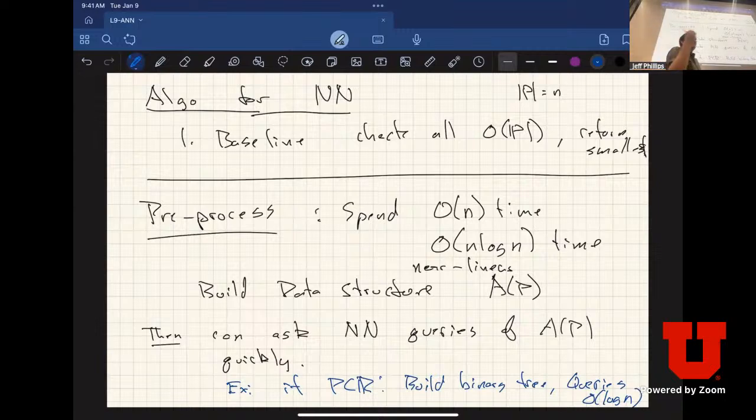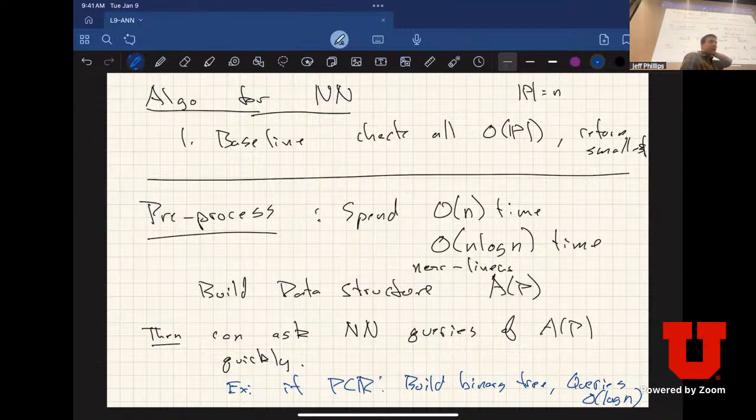Maybe I can build a hash structure and say it's constant time, but I'd have to get the exact collision then. So if my queries are not exactly matching my data set, I basically need to spend logarithmic time to do a query. We talked about this earlier with the triangle similarity, that I could basically find the nearest neighbor in log n time after building a binary tree.